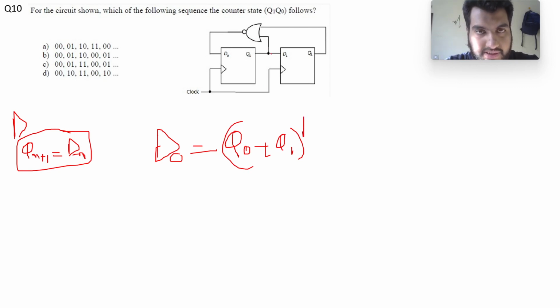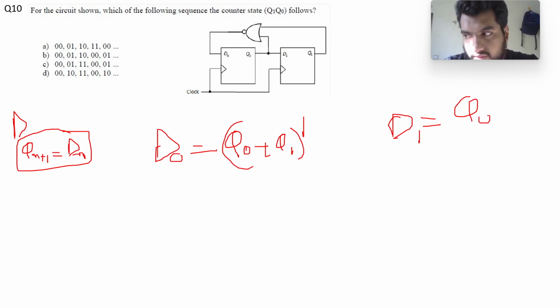Since it's a NOR gate and its input connections are tapped at Q0 and Q1, D0 is equal to Q0 NOR Q1, and then D1 is equal to Q0, right?